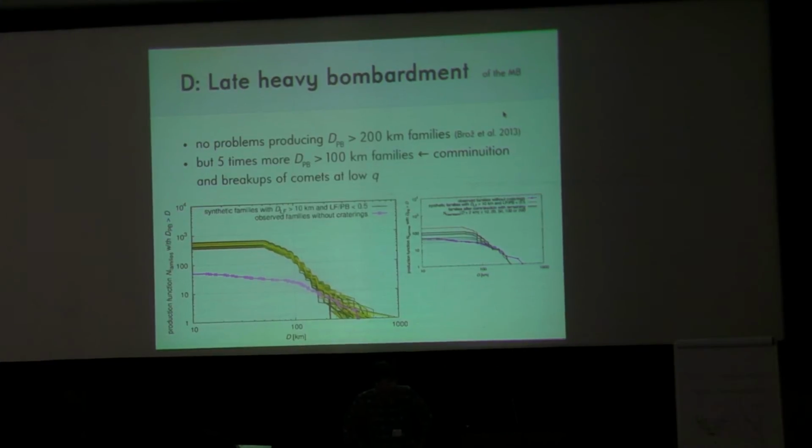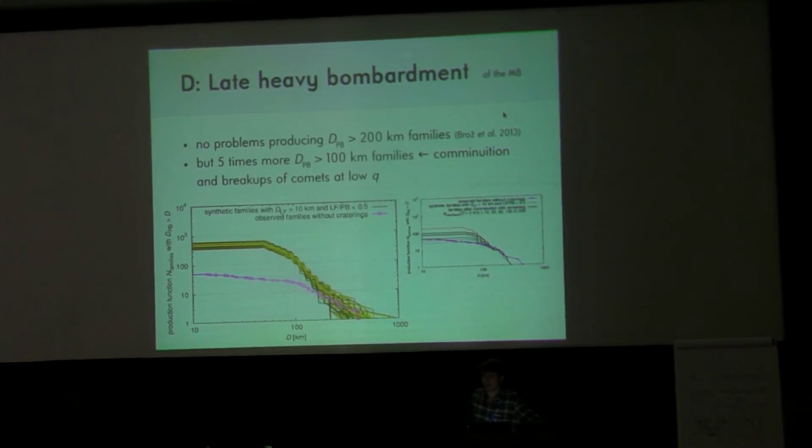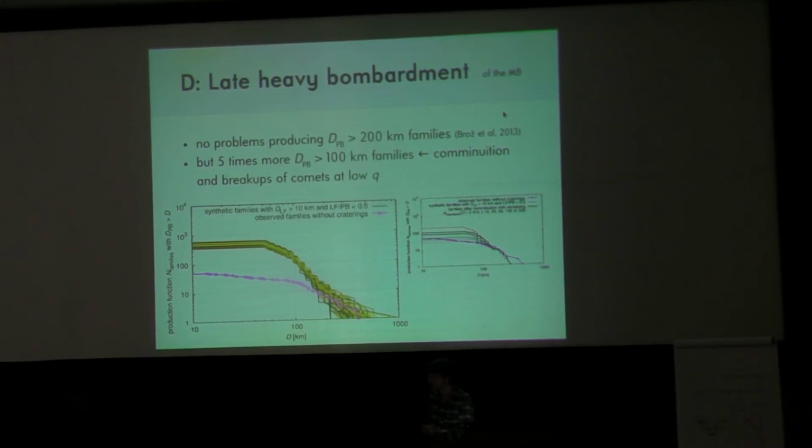So, letter D. We were interested also in the role of the late heavy bombardment on the main belt. That's again a production function, but now for a synthetic population, for a synthetic main belt.